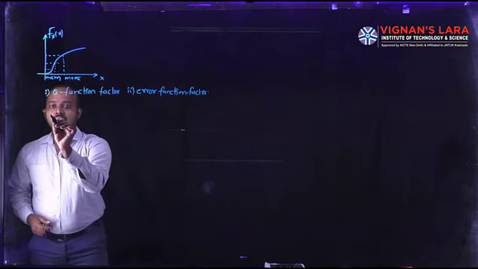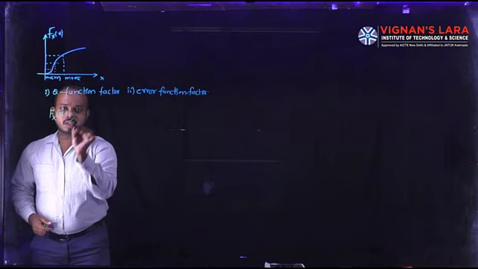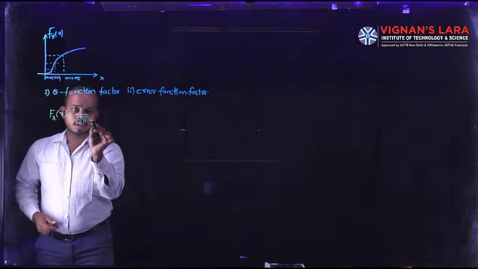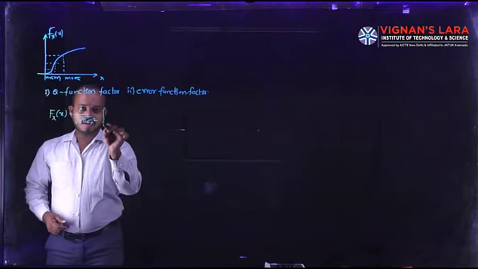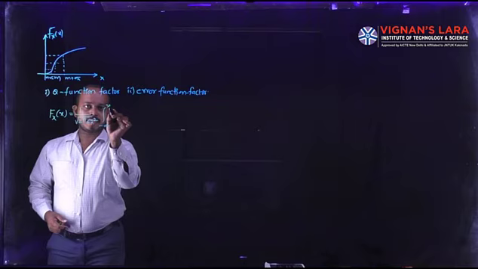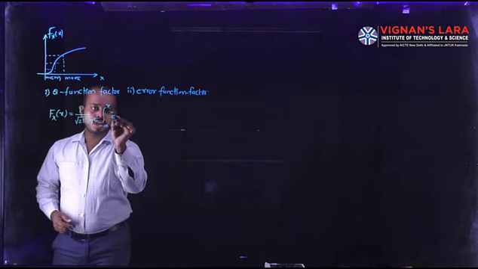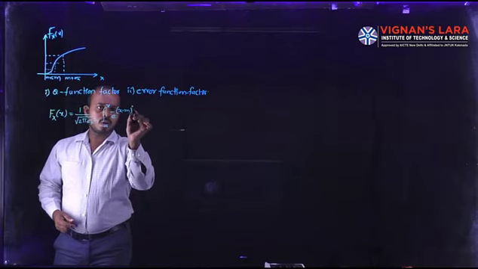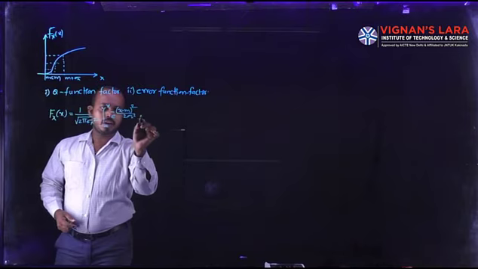Here I am rewriting the function of Gaussian distribution: fx of x is equal to 1 divided by square root of 2 pi sigma x square, integral minus infinite to x, the function is e power minus x minus m whole square divided by 2 sigma x square into dx.